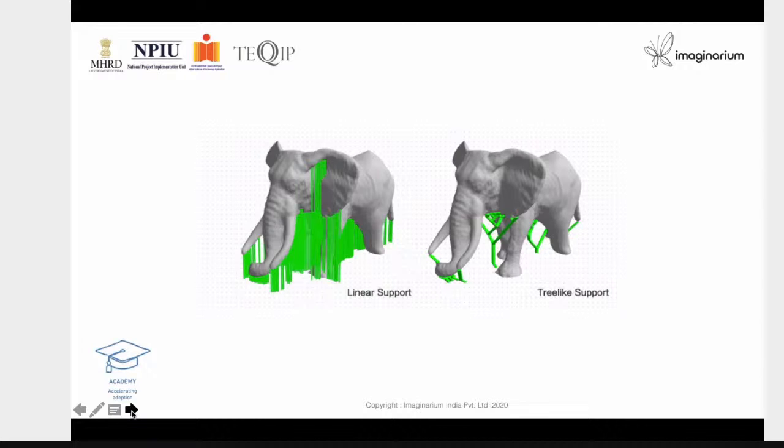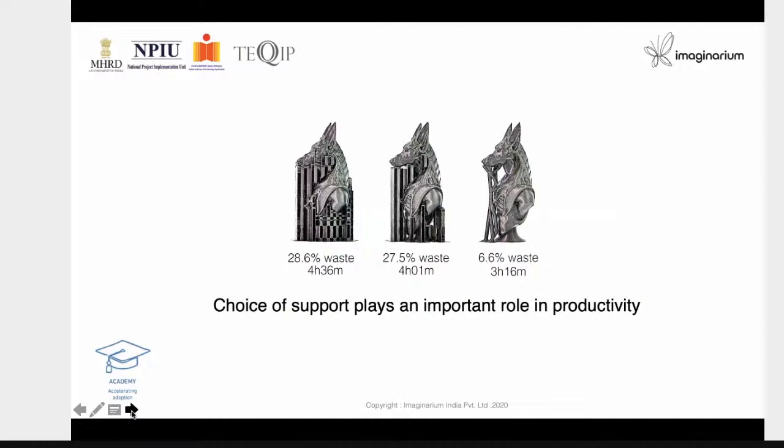A tree-like support takes just enough, sufficient support, and to clean it is a lot easier. And you can see here, productivity-wise, a better support is a good solution, because the cycle time also gets reduced if you have a better support like a tree-like support, which is exemplified by this slide.